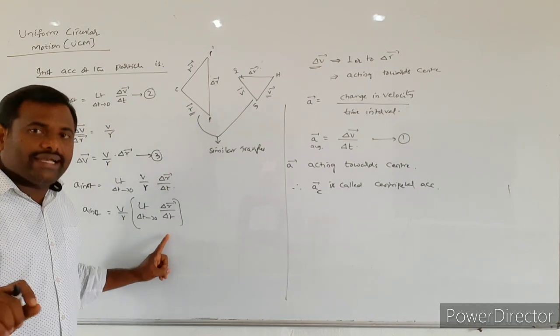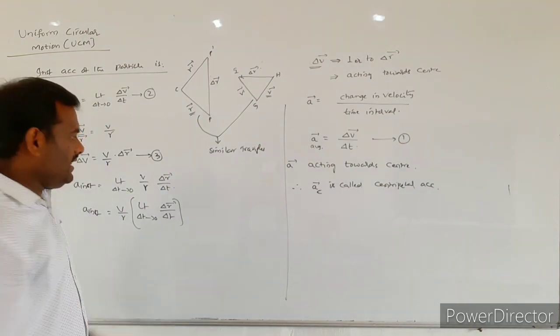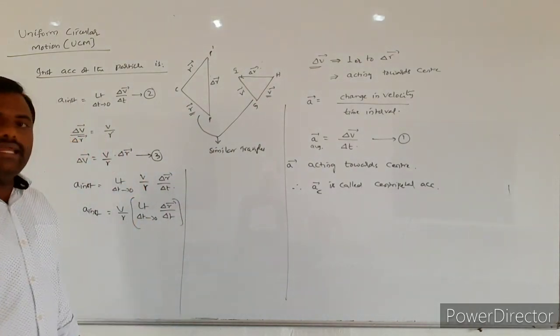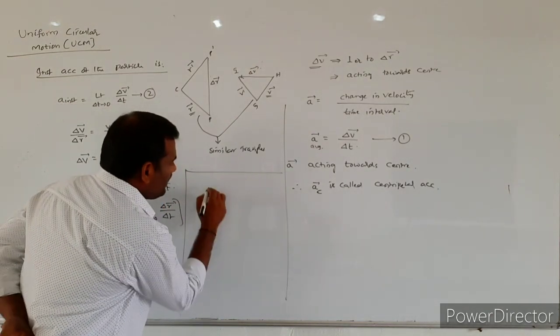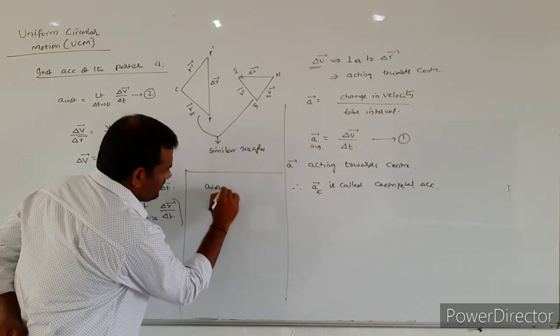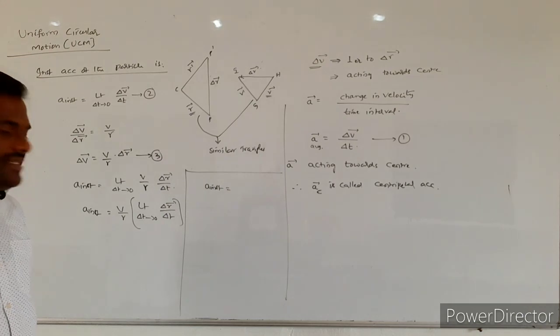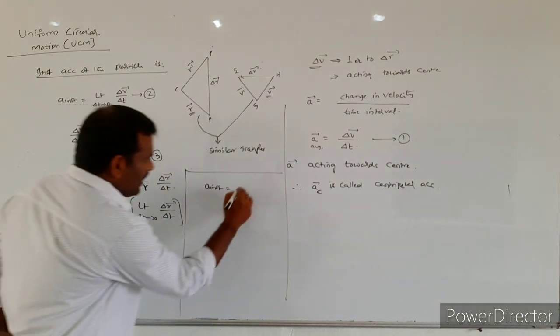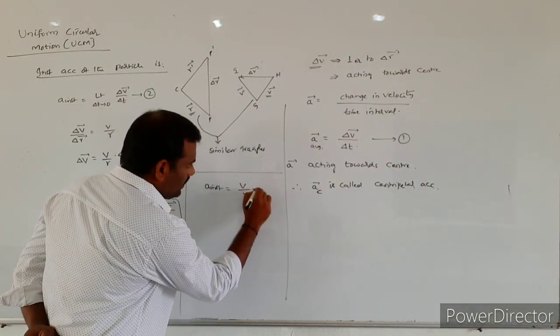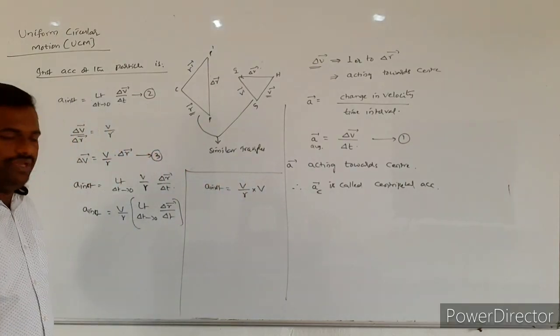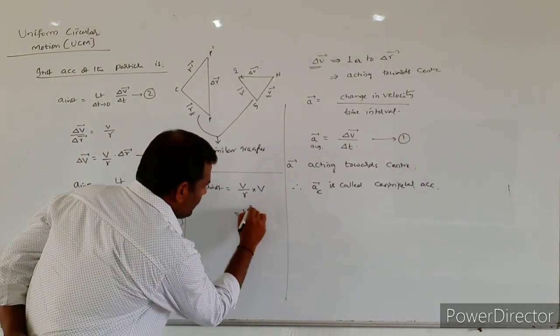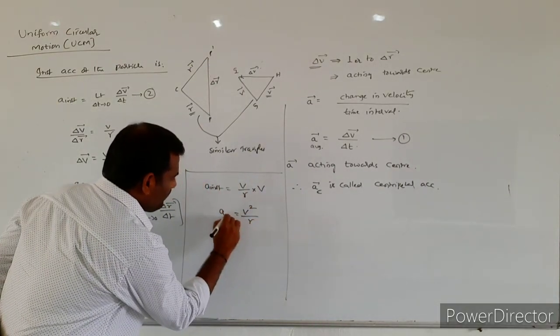This value is nothing but instantaneous velocity. Therefore, A instantaneous is equal to V by R into V, which is V square by R.